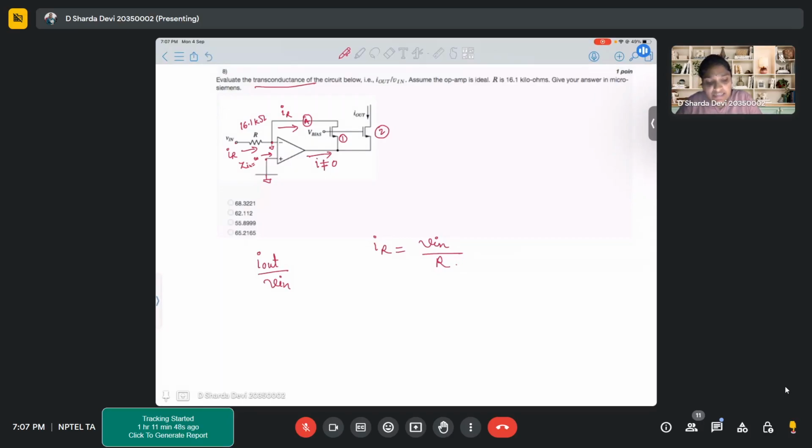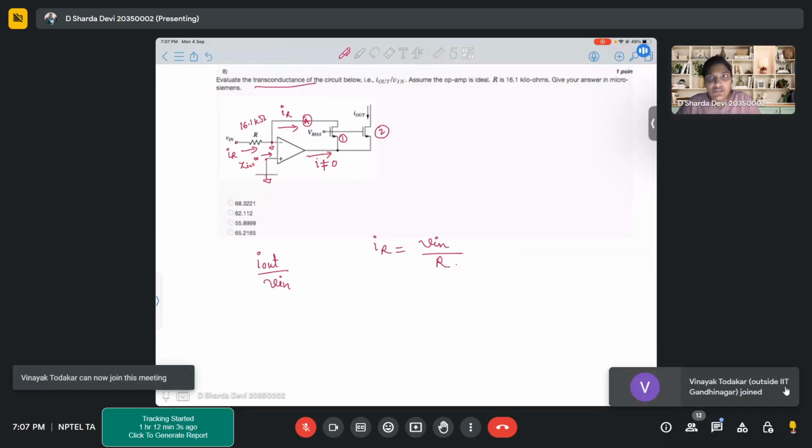Also, they have the same VGS, because the gate is shorted and the source is connected to the same node. So VGS is the same, W by L ratio is the same, then the currents flowing through these two transistors will also be the same.